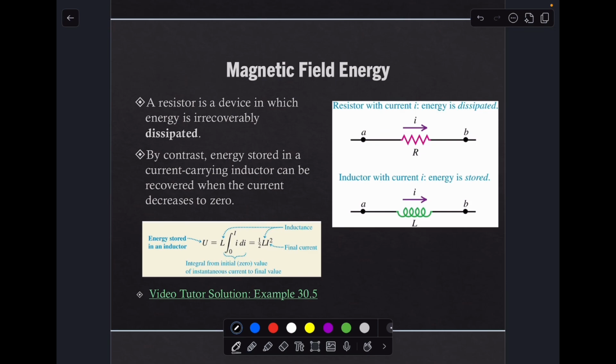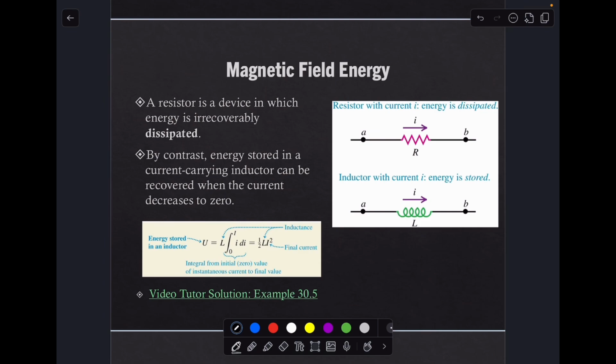However, in contrast, an inductor, you can store energy in an inductor. And we can understand that by looking at an integral, if that helps you understand anything. So if we integrate this current, and it's changing with time, we want to find out all the current values that it experiences as it changes from one value to another.